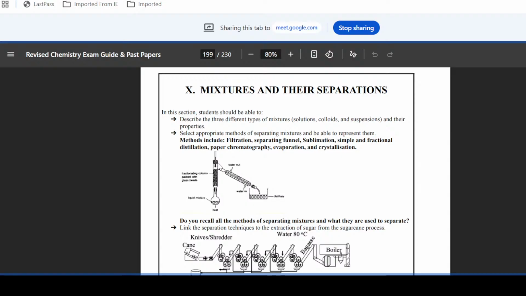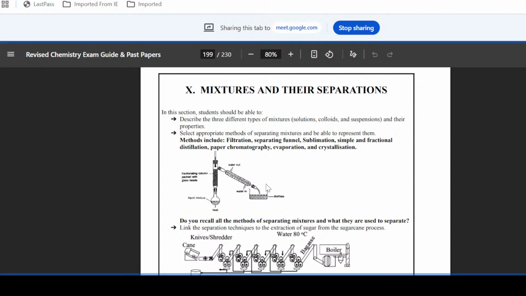If it's the distillation methods, you can get back the more volatile component by attaching the condenser to it.